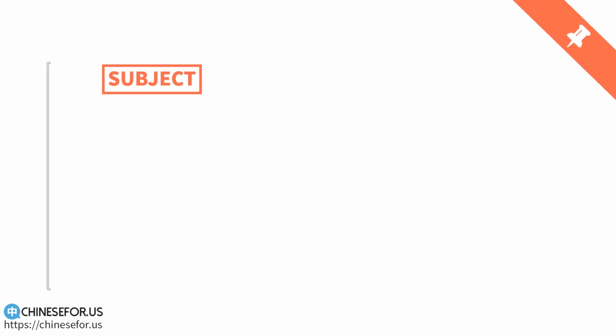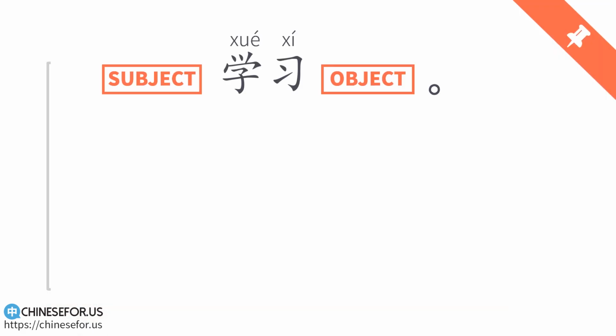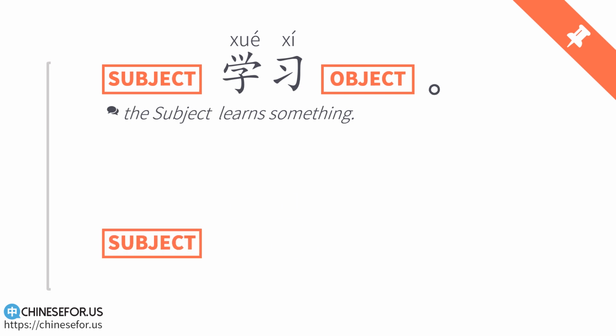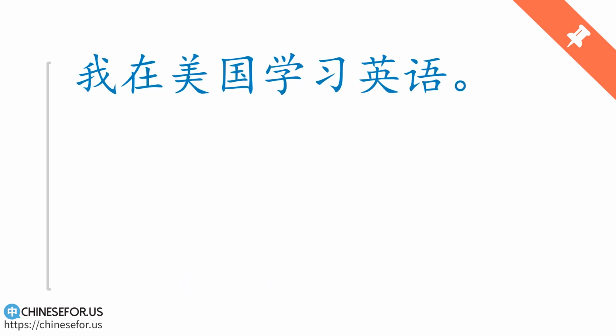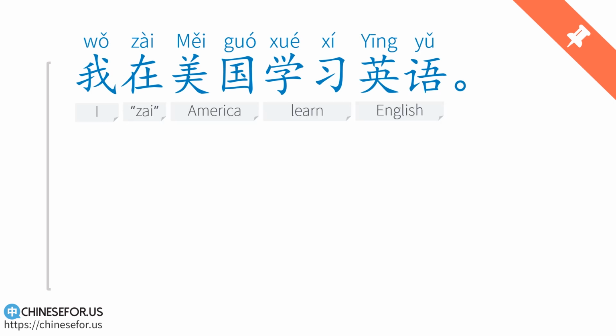So the subject can 学习 something, the subject learns something, or the subject can just 学习, the subject studies in general. 我在美国学习英语。I, 在 America, learn English.